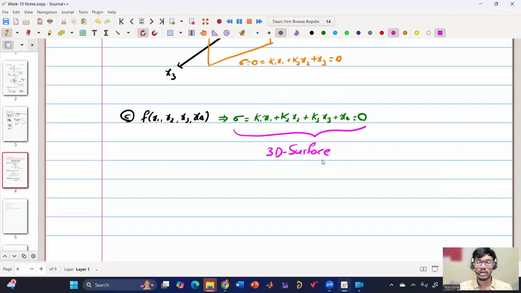But if the system is fifth order, then sigma will have a fourth dimension. Sigma will be 4D. So the dimension of sigma will be one less than the dimension of the system.